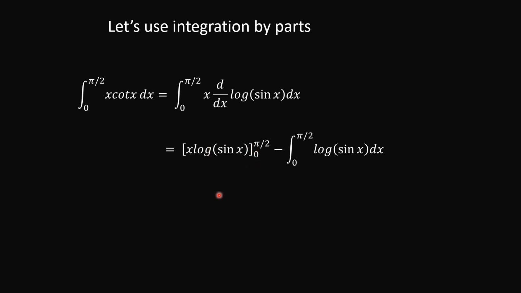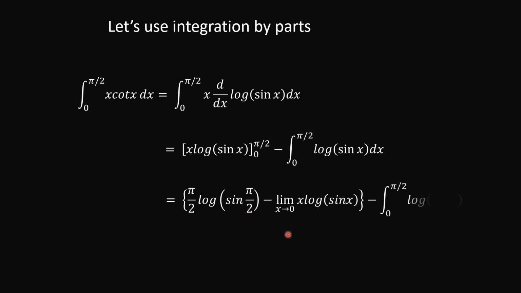Solving for the limits, the first term is pi over 2 times the natural logarithm of sine of pi over 2, minus the limit of x log sine x as x tends to 0. The logarithm of sine x at 0 is the logarithm of 0, which is not really defined, but we know where the value of that tends towards.